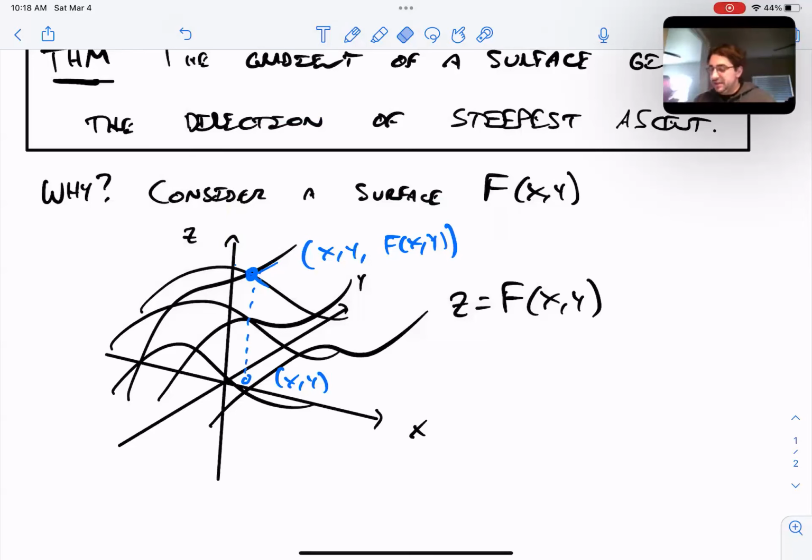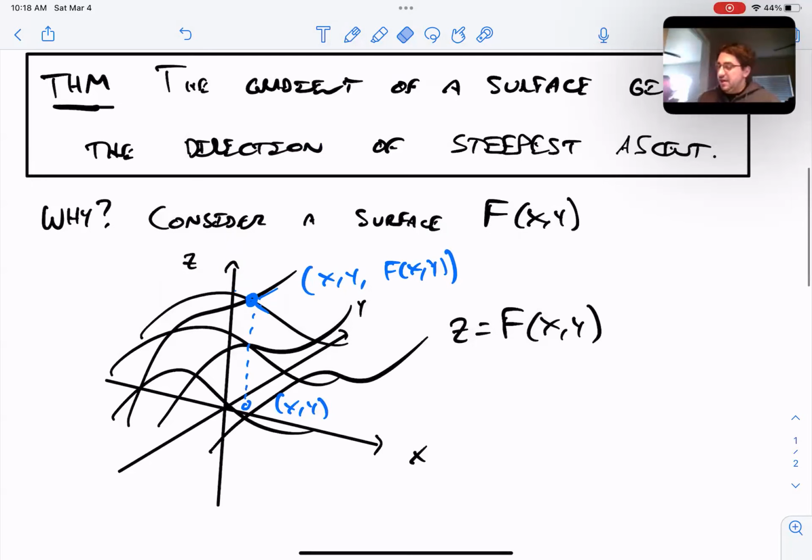The idea is all of the rates of ascent or descent from that point are completely determined by the tangent plane. If you can solve this problem for planes, then you've solved it for a general surface, because once you solve it for a plane, you just take your surface and approximate it by the tangent plane at that point.